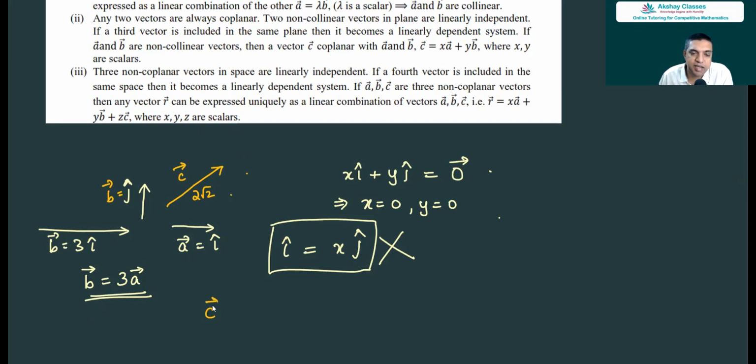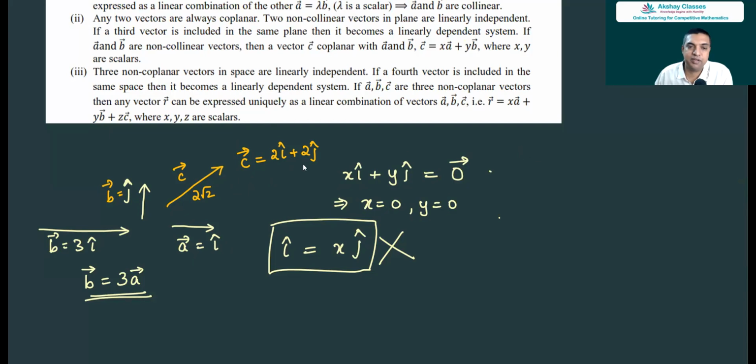I can write c bar as 2i plus 2j. So c can be written as a linear combination of i cap and j cap. So this vector c and i cap and j cap are dependent vectors. They are not independent vectors. One of them can be written in terms of the others.